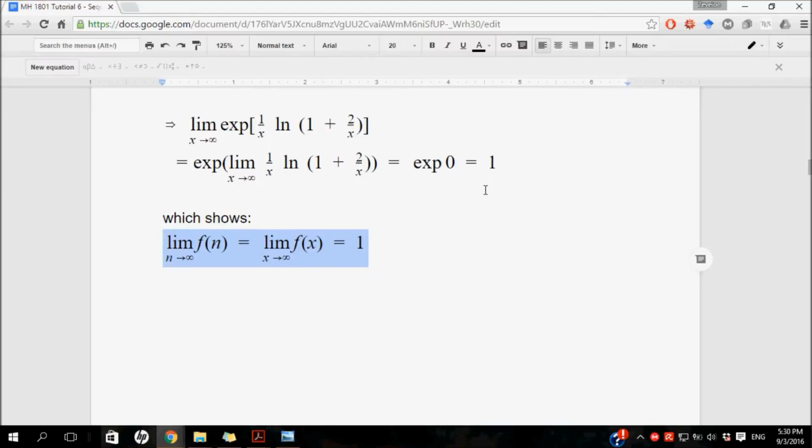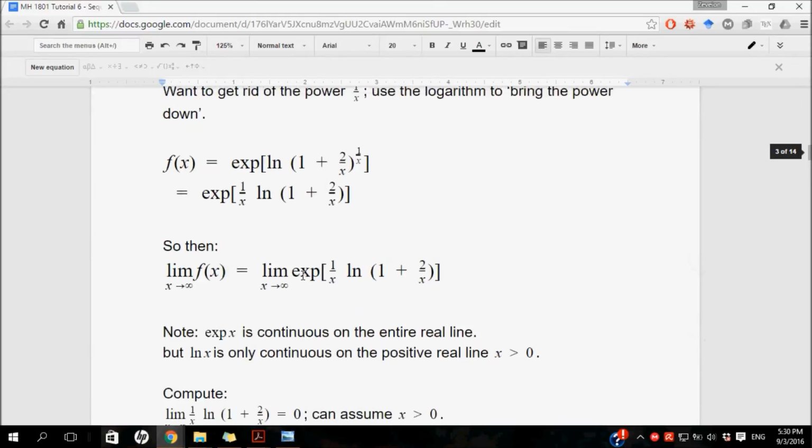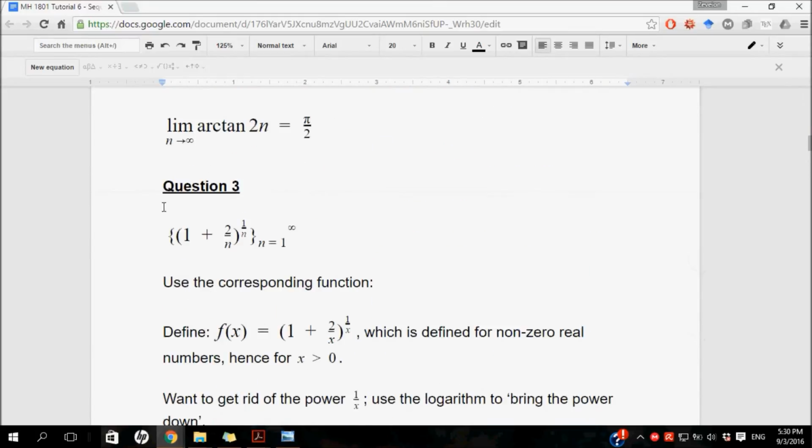It's just 1. It shows us that the sequence has a limit and it converges. The limit is precisely 1. That settles question 3 for us as well.